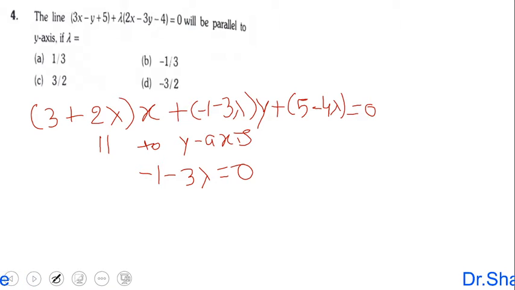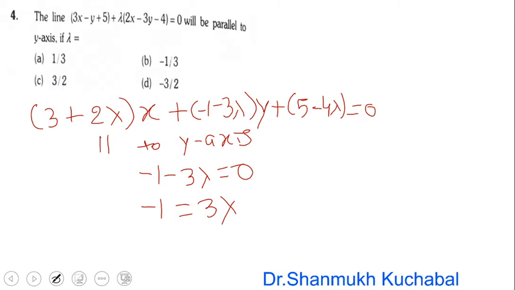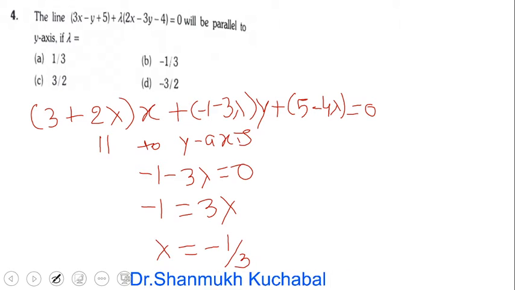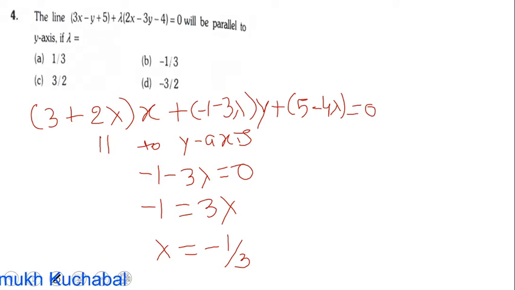Then 3 lambda we will transpose to the RHS. We can write minus 1 as 3 lambda, and the solution for lambda is minus 1 divided by 3. Lambda value is minus 1 divided by 3. So clearly option B is the right answer here.